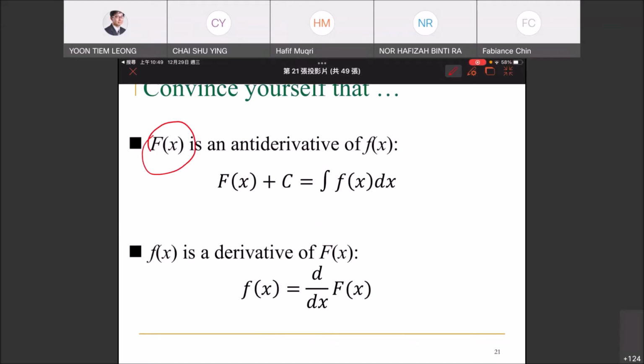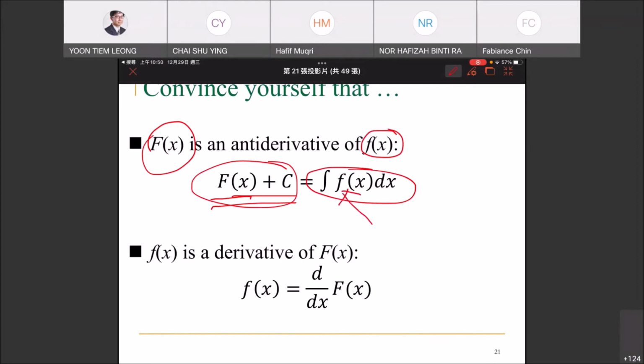So you would write these statements, that is, the capital function F(x) plus any arbitrary constant is the collection of all the antiderivatives of the small function f(x). So you write this symbol, that is, the collection of all the antiderivatives is just equal to the indefinite integral of f(x).